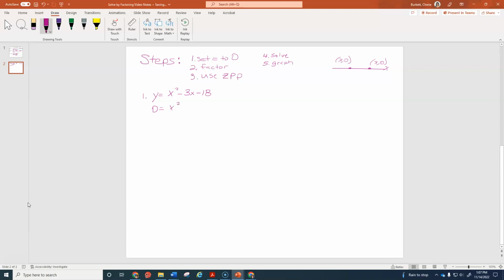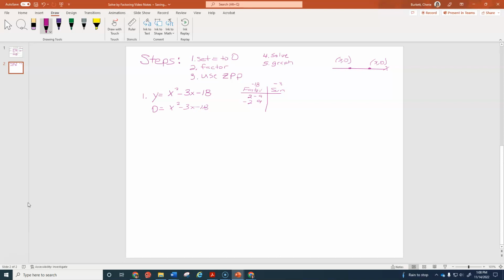And then we're just going to do x squared minus 3x minus 18. This is an easy trinomial, so you should recognize that we're going to do a factor sum table. We need factors of negative 18, and they need to have a sum of negative 3. So you're just randomly thinking of numbers that multiply together to give you negative 18: positive 2 and negative 9, or negative 2 and positive 9.